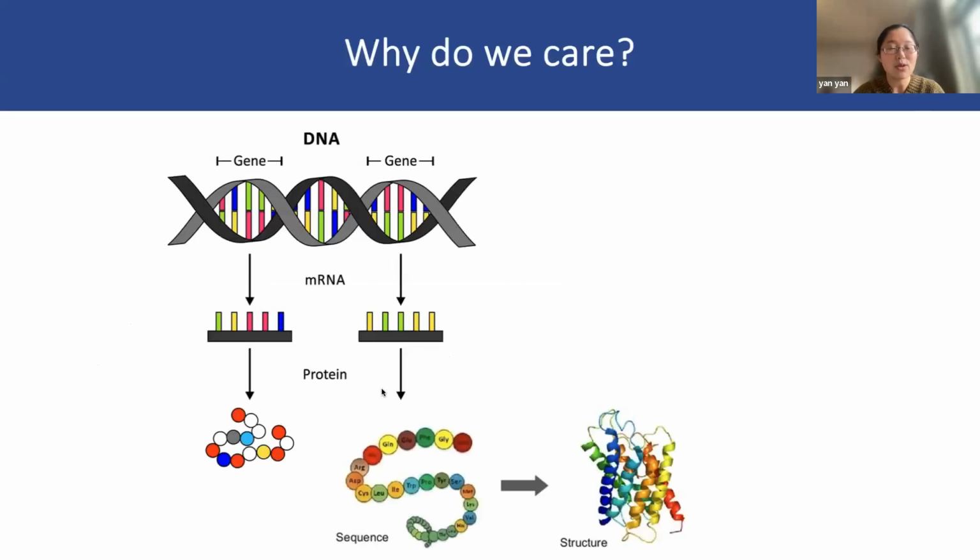So for the beginning, I think we need to talk a little bit about biology and why we care. So DNA carries the architecture of the information, and through the transcription process, it becomes mRNA, and then through the translation, it becomes protein.